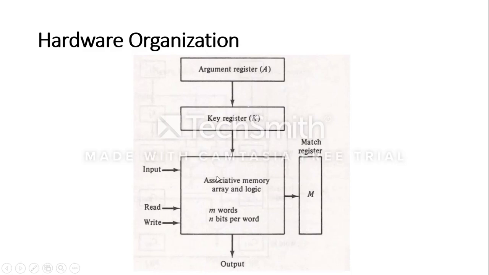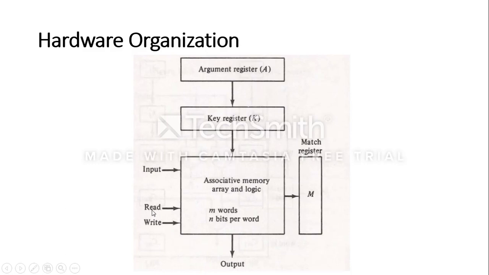Now for this associative memory, it is possible to execute read as well as write operations. So read and write are needed as two control inputs for designing this memory. Whenever the write operation is required to be performed on this memory, you have to provide some input data. So using this external input data pin, you can send n-bit data to this associative memory to be stored at a particular location.